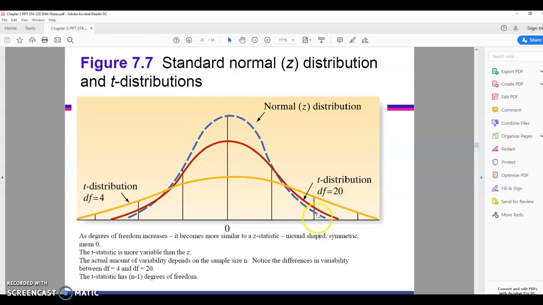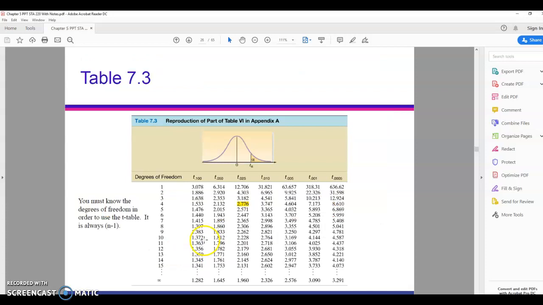And so you can see explanation on this slide. Your t-statistic is more variable depending on your sample size. So your variability depends on your sample size.